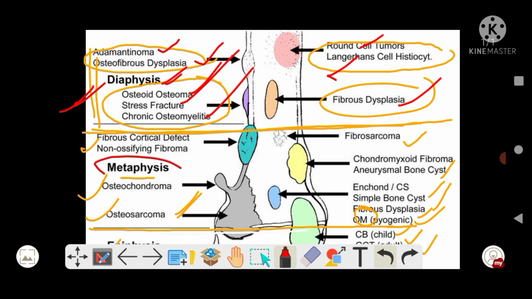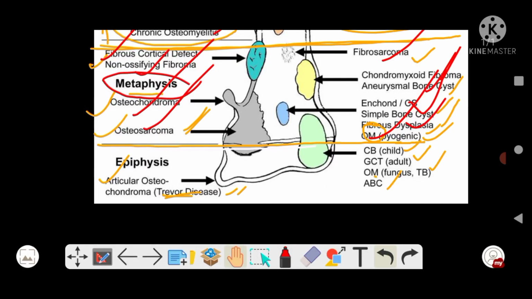Talking about metaphysis, we saw fibrosarcoma, chondromyxoid fibroma, aneurysmal bone cyst, simple bone cyst, fibrous dysplasia, pyogenic osteomyelitis, osteosarcoma, osteochondroma, non-ossifying fibroma, fibrous cortical defect. Talking about epiphysis, we found Trevor's disease, chondroblastoma, GCT, osteomyelitis of fungal and tuberculous origin, and aneurysmal bone cyst. So we saw different bone tumors and their locations, also their most common sites.